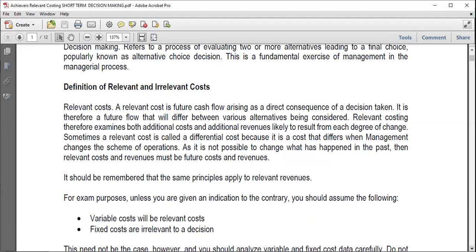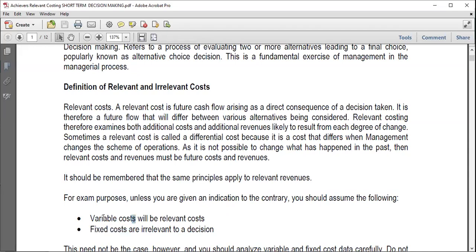So for examination purposes, you have to assume now. One of the things you have to understand, and this is basically a general principle, is that we now understand variable cost and fixed cost from our previous discussions.